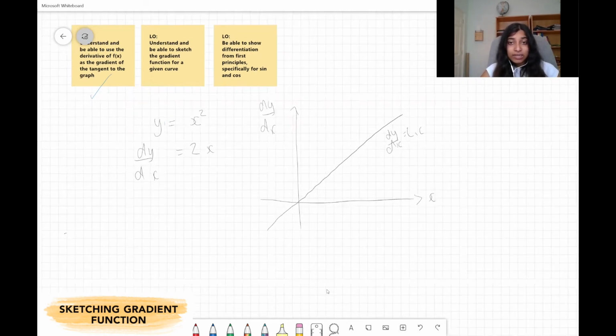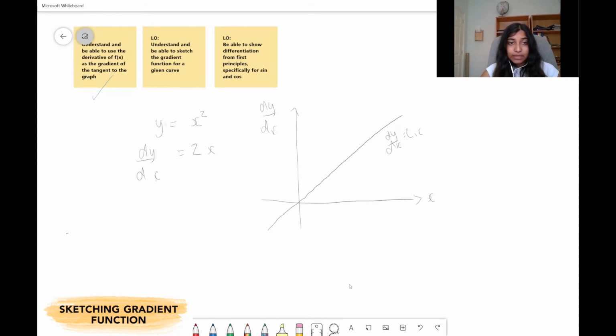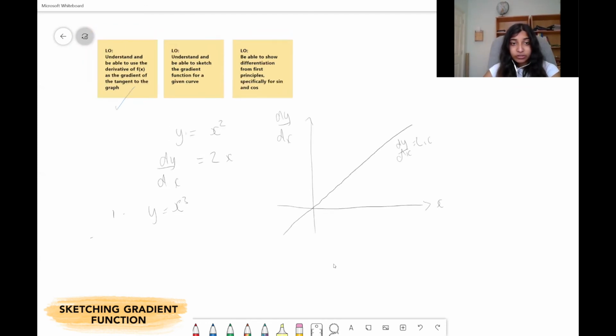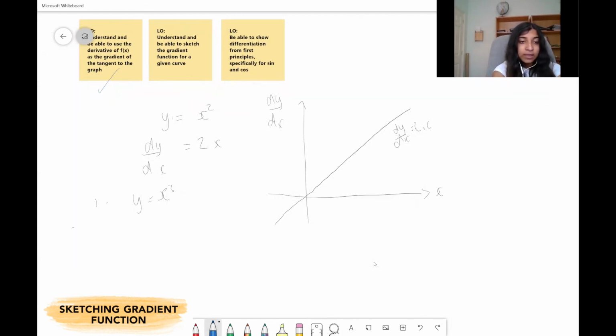So let's try an example. Let's say you had y equals x cubed, and you're asked to draw the gradient function of that. Pause the video and try it out for yourself first. All you do is find dy over dx, and you get 3x squared.